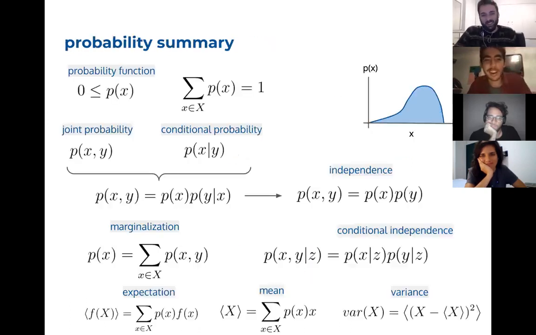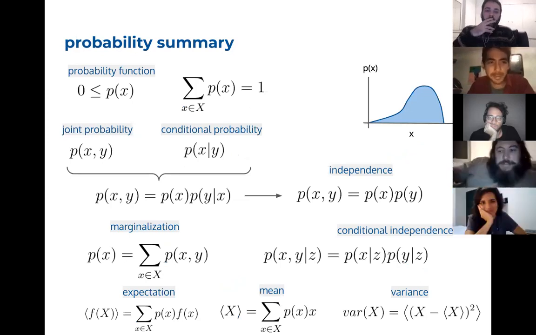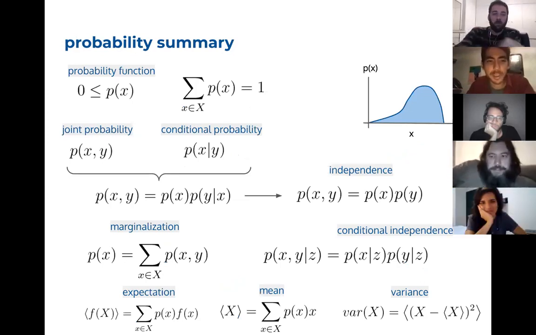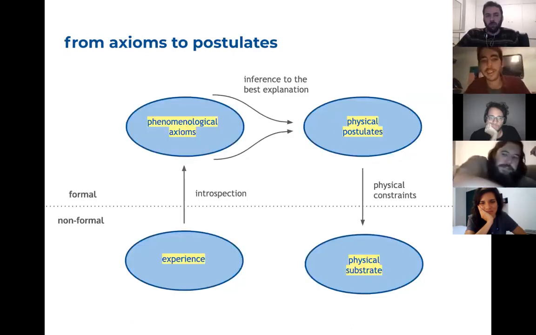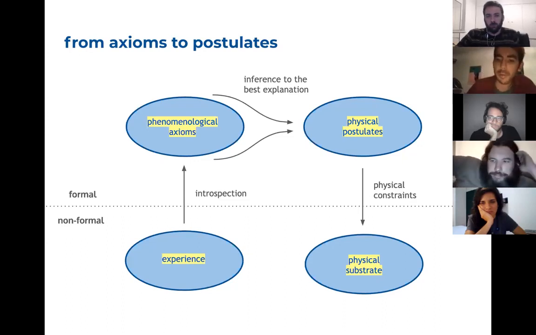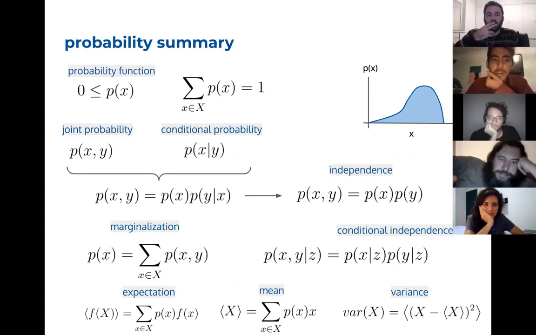Yeah. So I don't know if this is useful, but I just figured now we're going to the formalization of those axioms into physical properties. So maybe just a brief summary about probabilities, because basically that's the whole language of the thing.